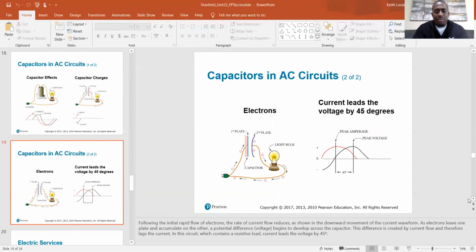As electrons leave one plate and accumulate on the other, a potential difference begins to develop across the capacitor. This difference is created by current flow and therefore lags the current. In this circuit, which contains a resistive load, current leads the voltage by 45 degrees.